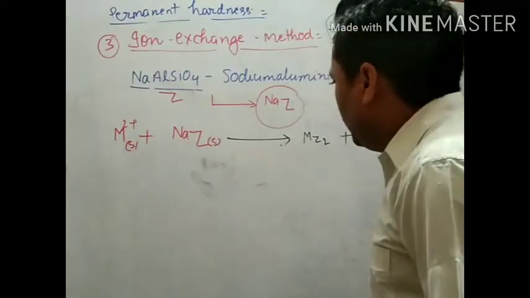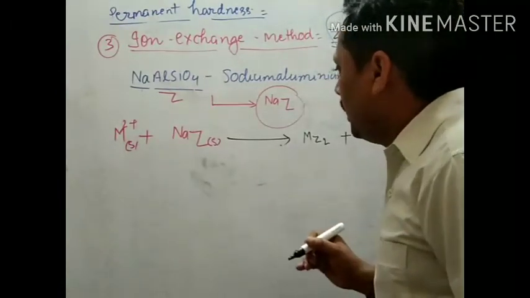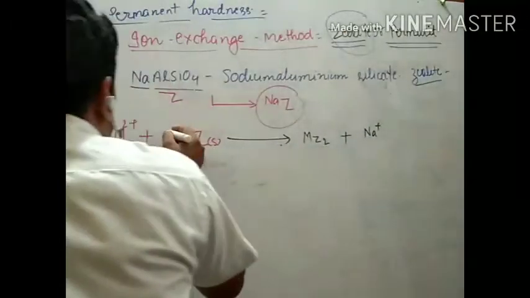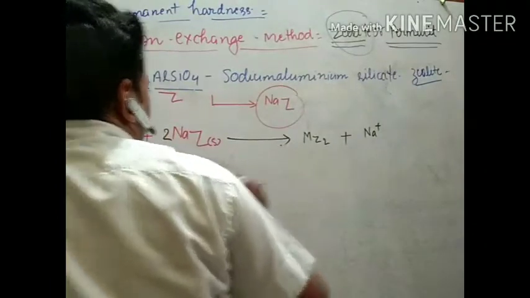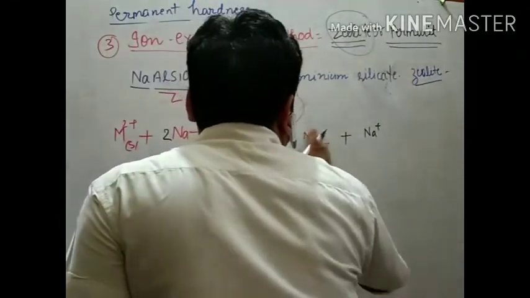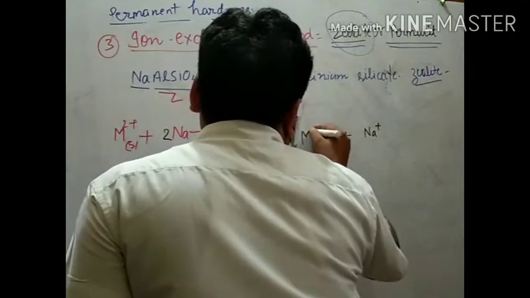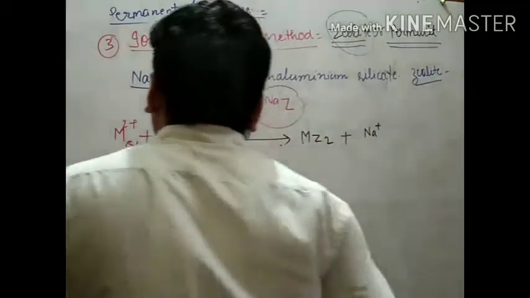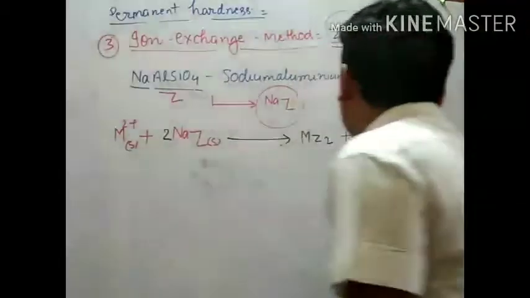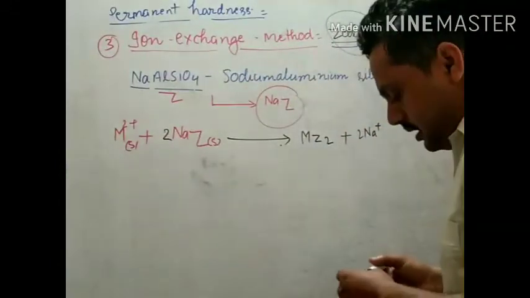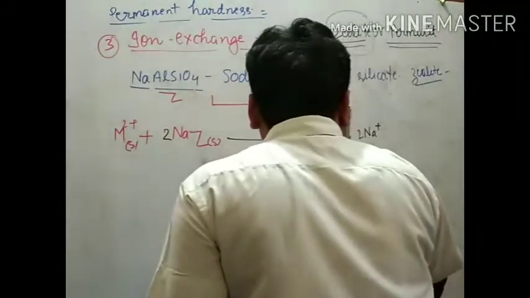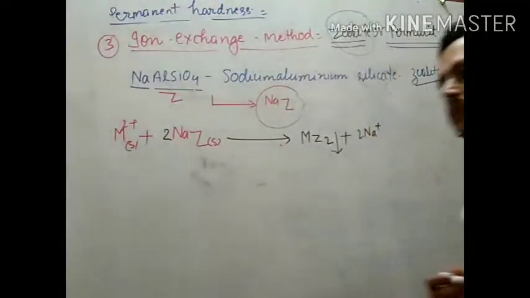Okay. So here we can balance it: MZ2 and 2 Na plus. It is insoluble. So we show insoluble impurities like this.